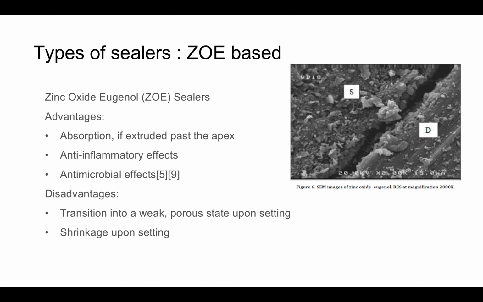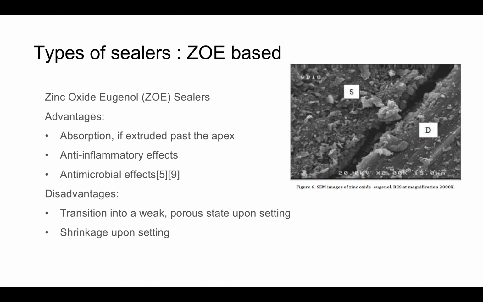Amongst its disadvantages, first of all, is the transition into a weak pore state after the setting, and the shrinkage upon setting. And one thing we didn't mention here in this presentation is that the existence of eugenol inside is going to inhibit any form of restoration or a luting agent, or even an agent that is based on resin, because eugenol inhibits resin polymerization.